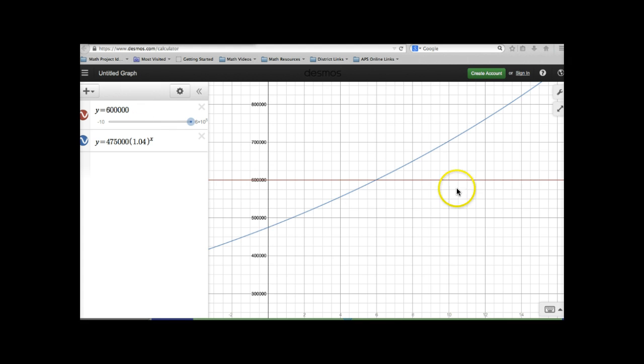Their intersection point right here will give us our answer. Remember that our x-axis here is going to be time, and our y-axis is population. So it looks like we'll reach a population of 600,000 people in approximately 6 years.